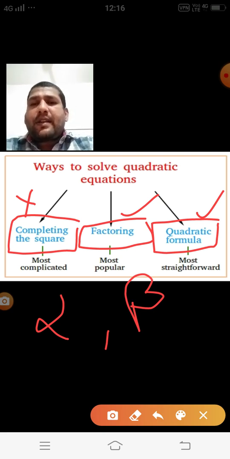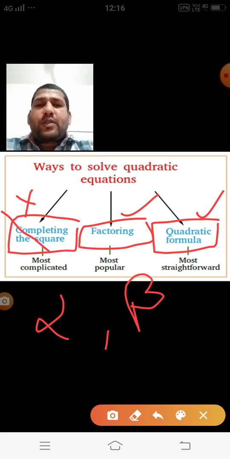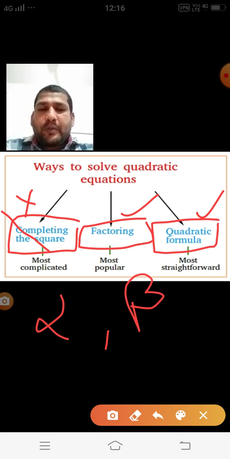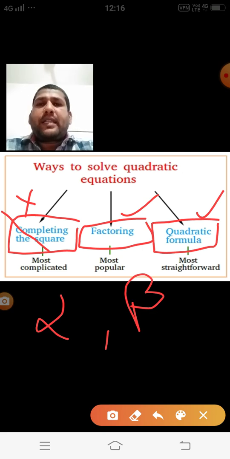Since the completing the square topic is removed, only two methods are there for solving questions. But we are also practicing completing the square. It is not important from the examination point of view, but we can easily get answers by making the formula of (a plus b) whole square, (a minus b) whole square.